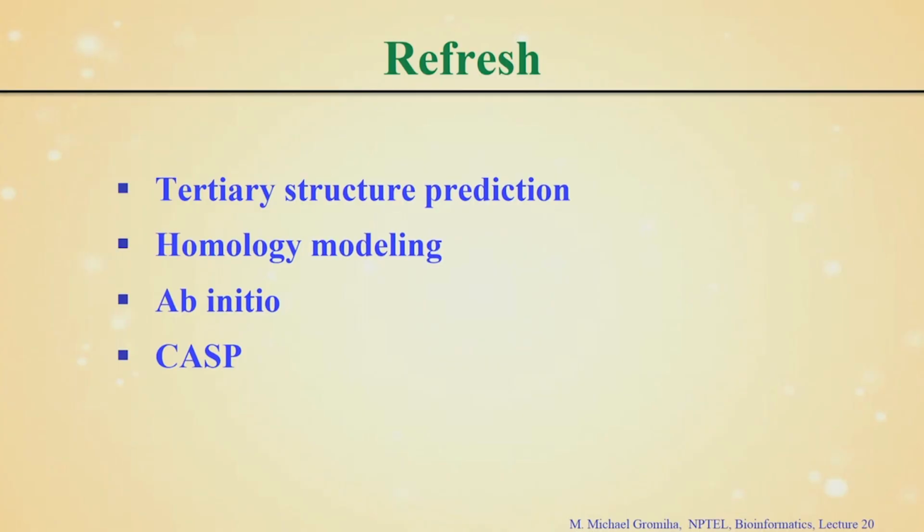We discussed various methods to predict the 3D structures, and one of the major ones is homology modeling. Homology modeling is based on the assumption that if two sequences share high identity or homology, then these sequences have similar 3D structures. If the sequence identity is more than 80% or 90%, you can obtain a reliably good model, which can be similar to the structures obtained by experiments.